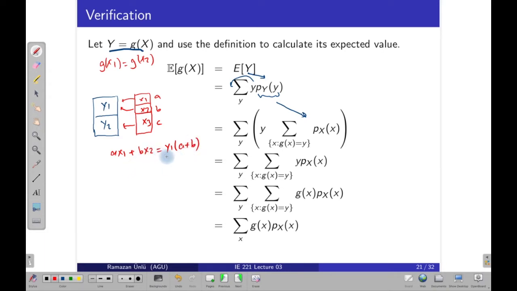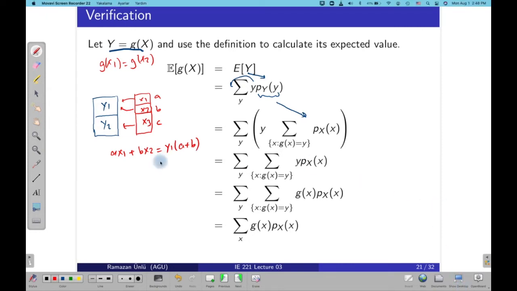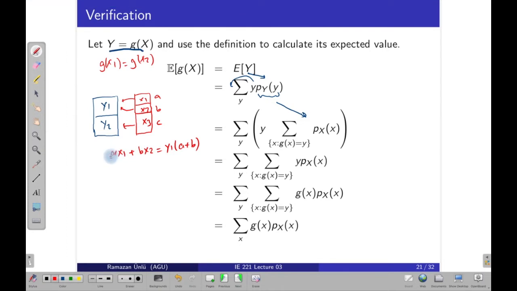So this is equal, right? a times x1 plus b times x2. Actually, this is the expected value of x1, the expected value of x2, and this is the total probability of these two events, and this is the random variable y1.